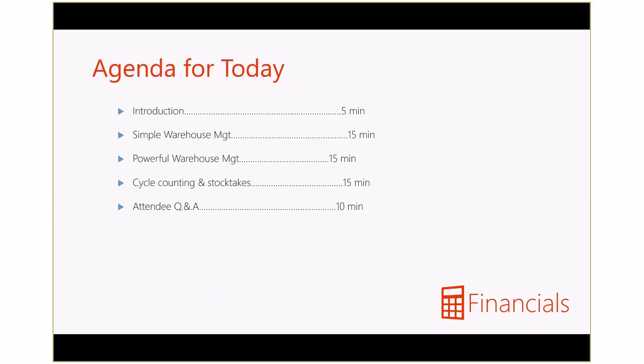So our agenda for today is going through a quick summary of the concepts that we'll be discussing and utilizing within the actual warehouse module, then show you some of the real applications within the software itself.